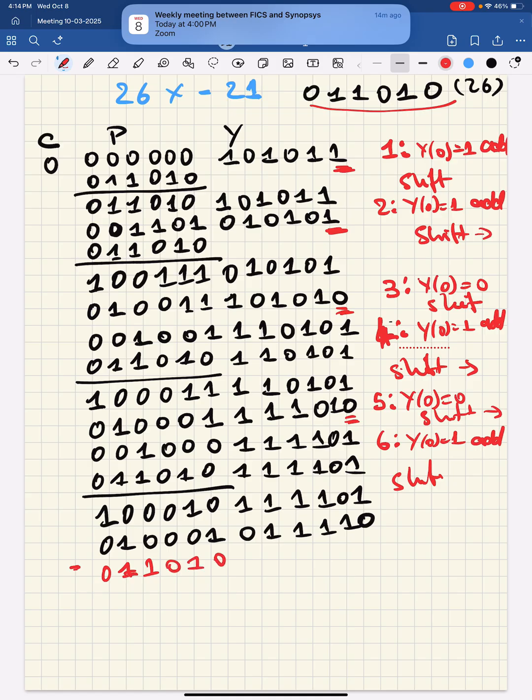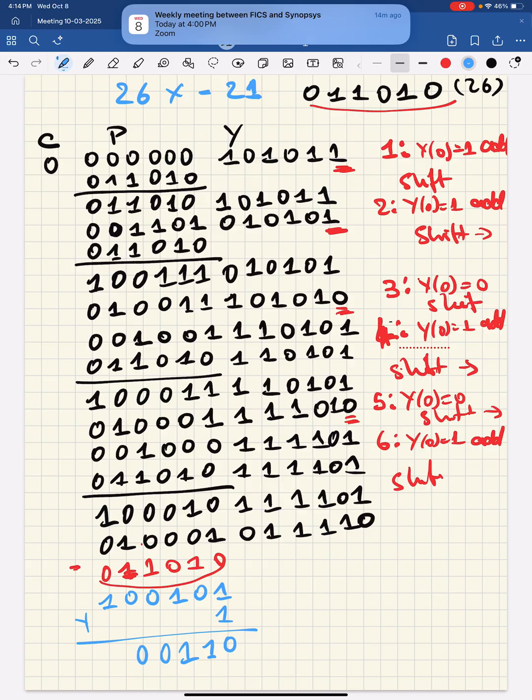The problem when we need to subtract a positive number is that we'll take the 2's complement of this here and add it to this result. So what is that 2's complement? The 2's complement is 1, 0, 0, 1, 0, and then 1. Adding a 1 to that gives us here the 0, 1, and here the 1, the 0, 0, and then the 1.